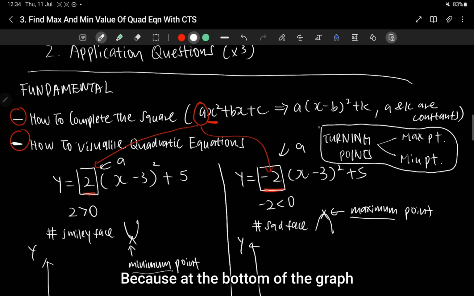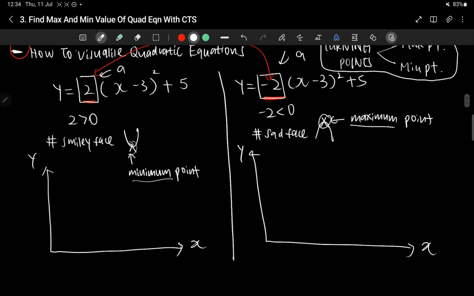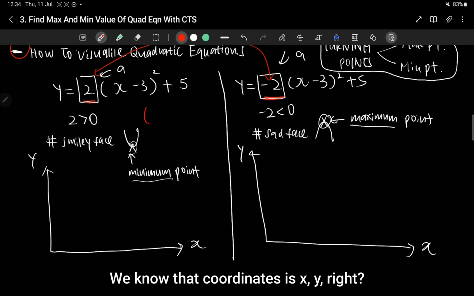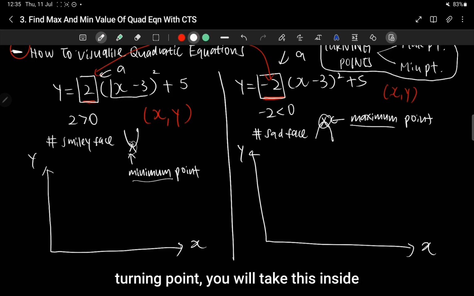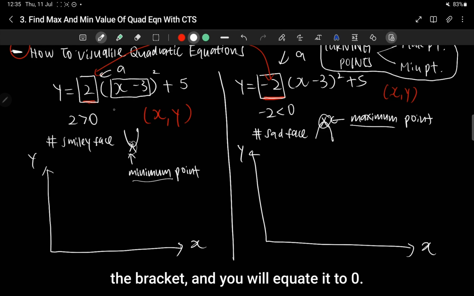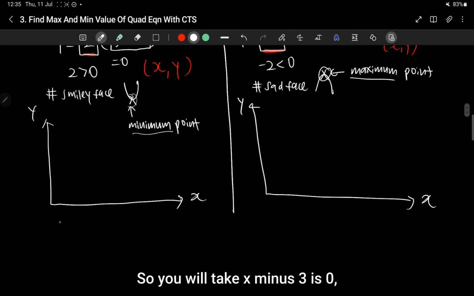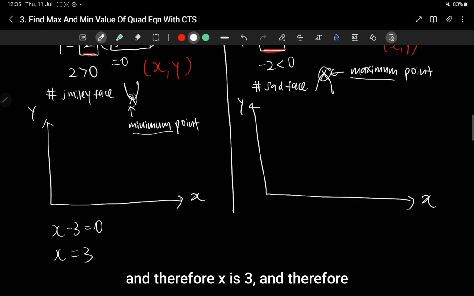And it makes sense, right? Because at the bottom of the graph over here, or at the top of the graph over here, that's where the graph turns. Very easy. We know that coordinates is x, y. This is a pair of coordinates. So to find the x coordinate of the turning point, you will take this inside the bracket and you will equate it to 0. So you will take x minus 3 is 0, and therefore x is 3.